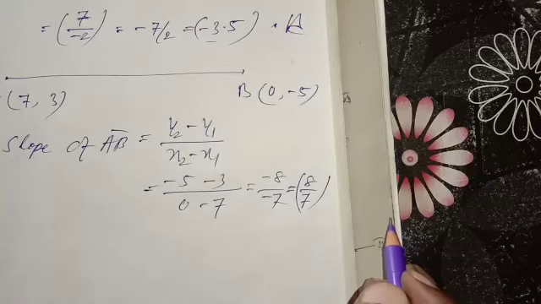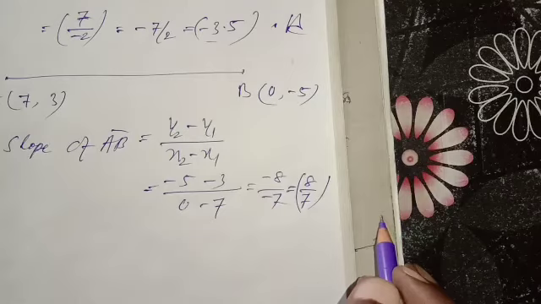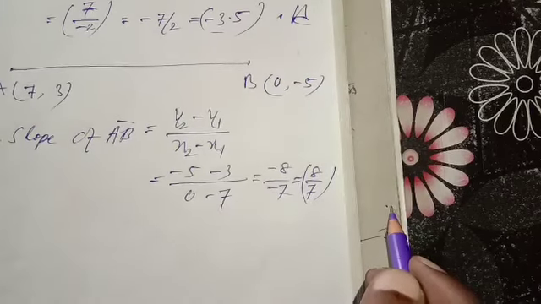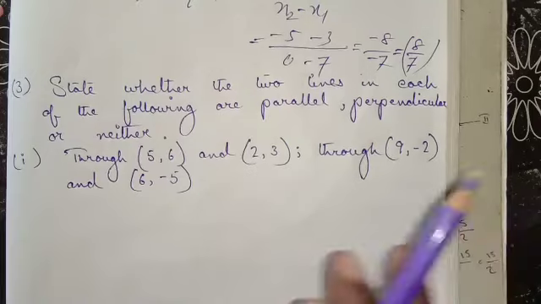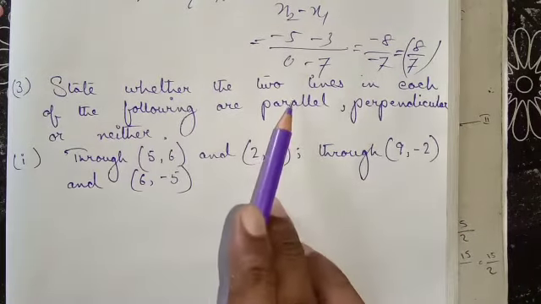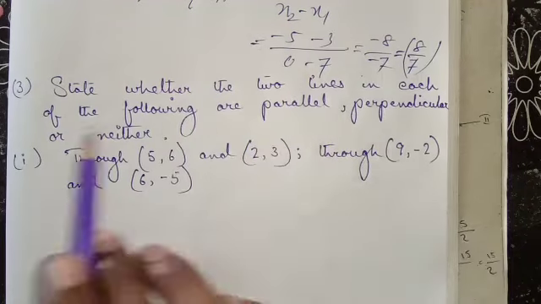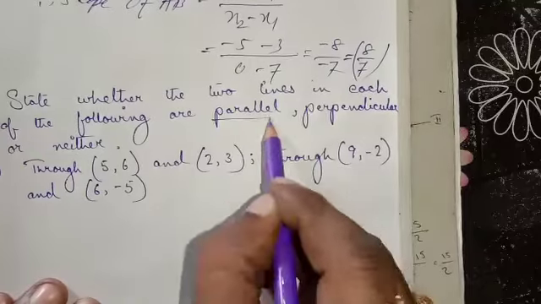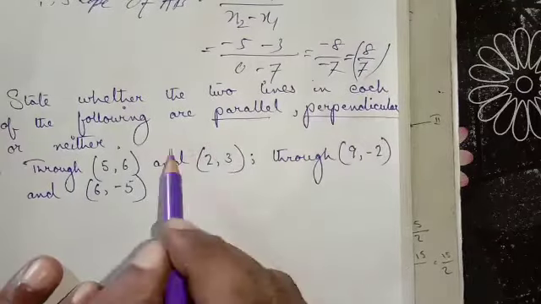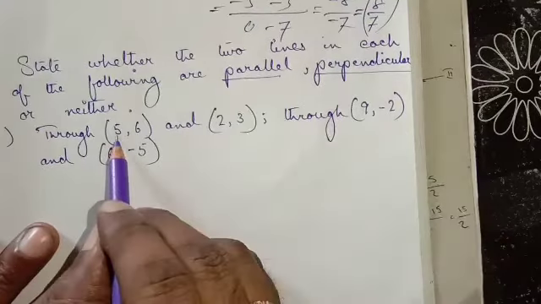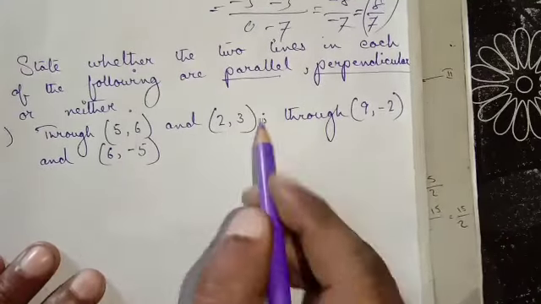Next, your question in exercise 23.1: state whether the two lines in each of the following are parallel, perpendicular or neither. The first line is given through 5, 6 and 2, 3.